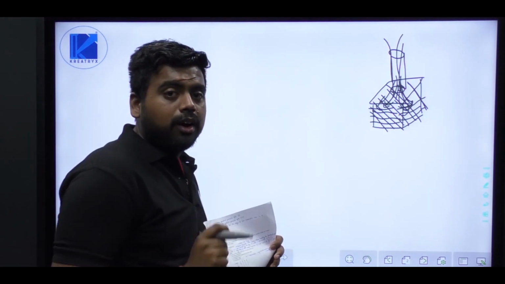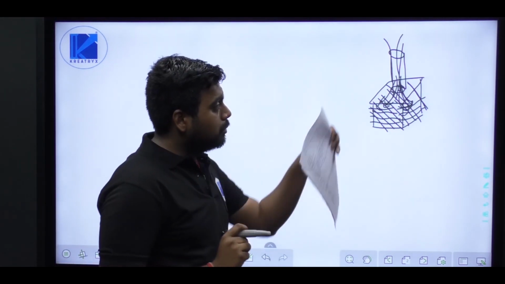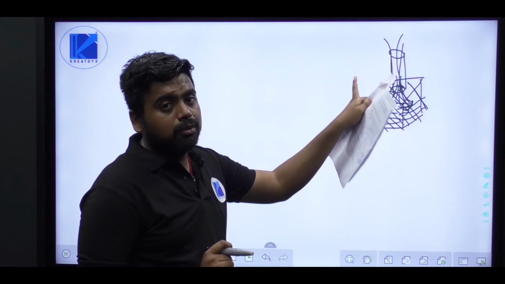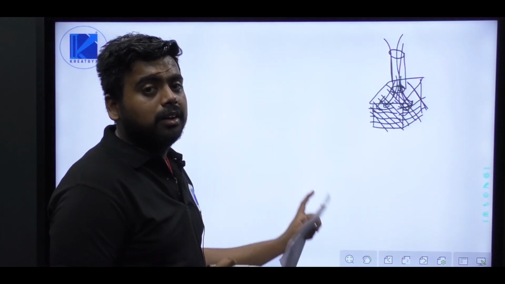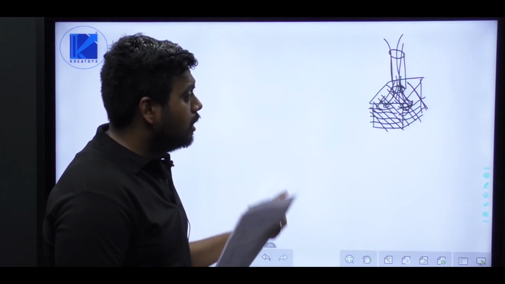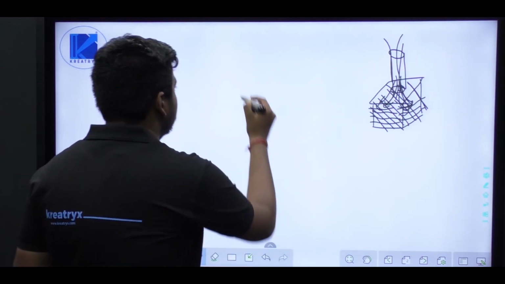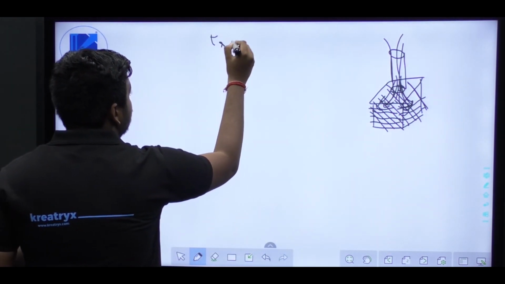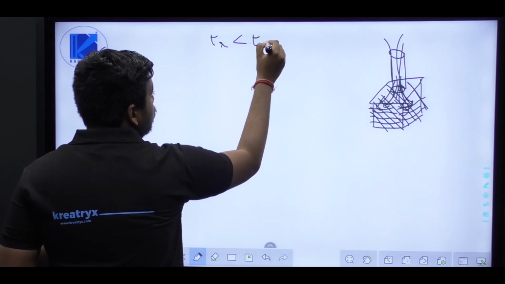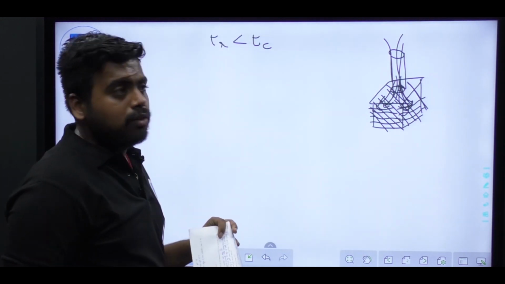So in order to compensate for that, the solidification time of a riser must be greater than the solidification time of casting. Let's see, if the solidification time of a riser is less than the solidification time of casting, what will happen?